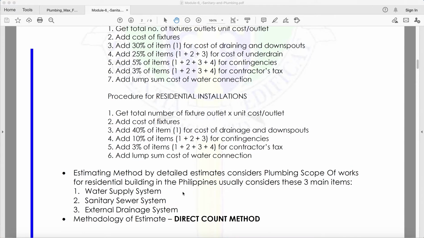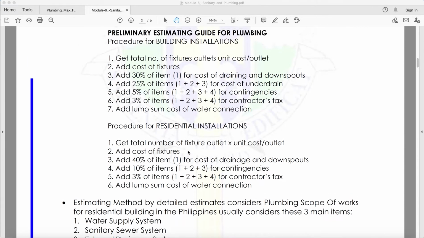But if you want to go into detail, you can. You can check the plan, the elevation, and the riser diagram to determine the length of your pipes, the number of fittings, and where the fittings are to be placed, then count them directly.